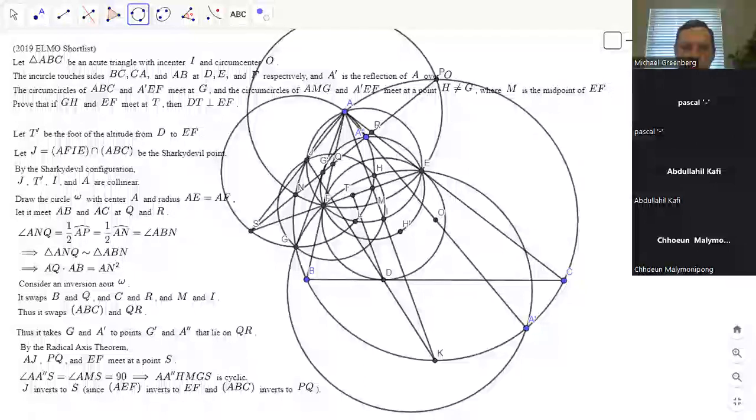I tried to invert. Now I want to show that this is cyclic.